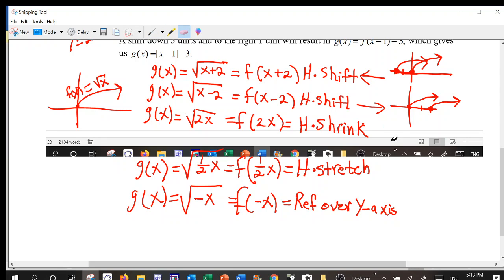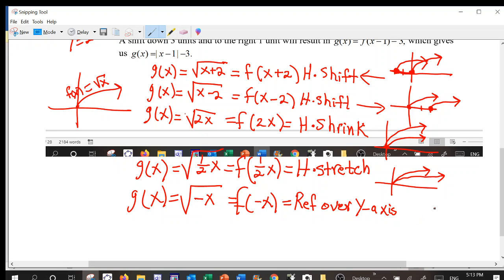And the horizontal shrink is going to look like this. So if this is the original one, when you push this way, shrink it, it's going to look kind of like this, right? And horizontal stretch, if the original one looks like this, and you stretch it to the right, that's what it's going to look like.